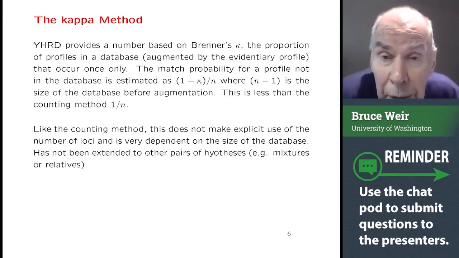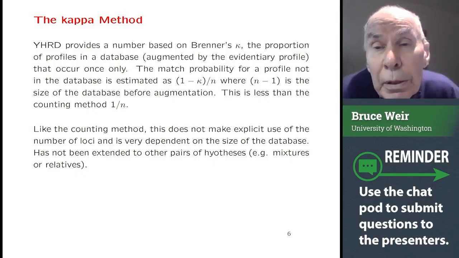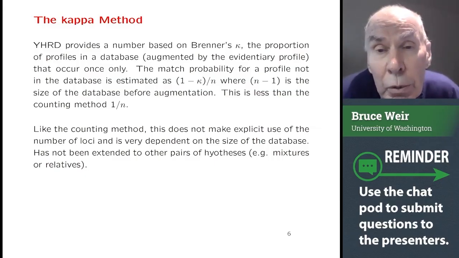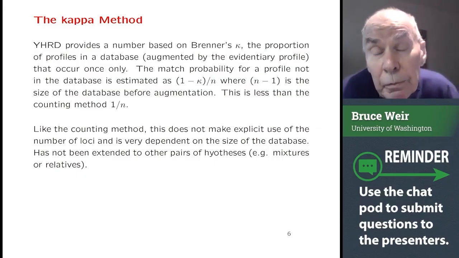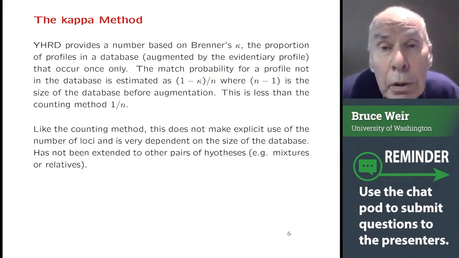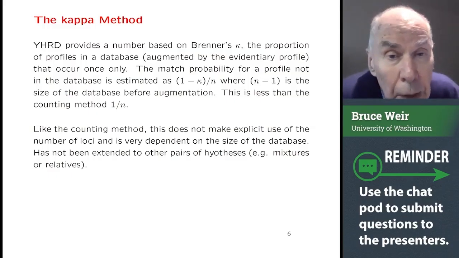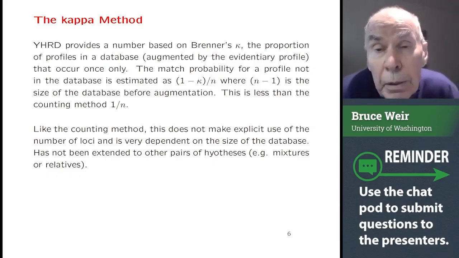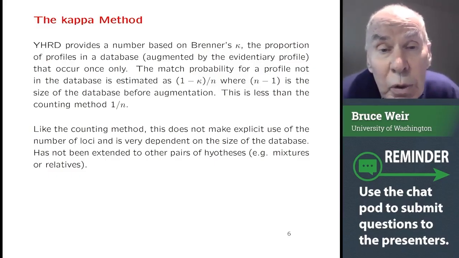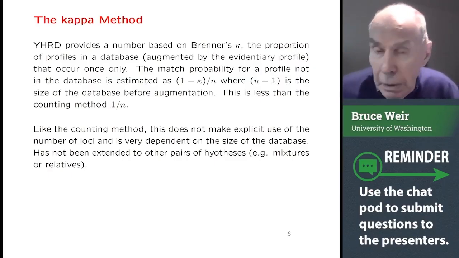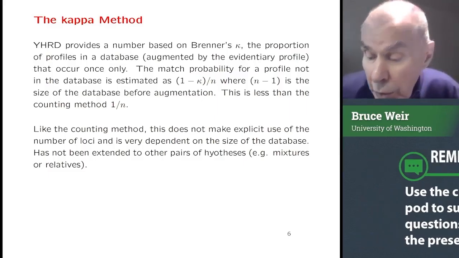So it's added to the database, and in this augmented database, what proportion of the profiles occur once only. So if kappa was 0.5, then the match probability would be estimated as 1 over 2n, as opposed to the 1 over n for the counting method. It's a valid method, but it's a little restricted. It doesn't extend as easily for situations like mixtures or making use of relatives. And once again, it depends very much on the size of the database.